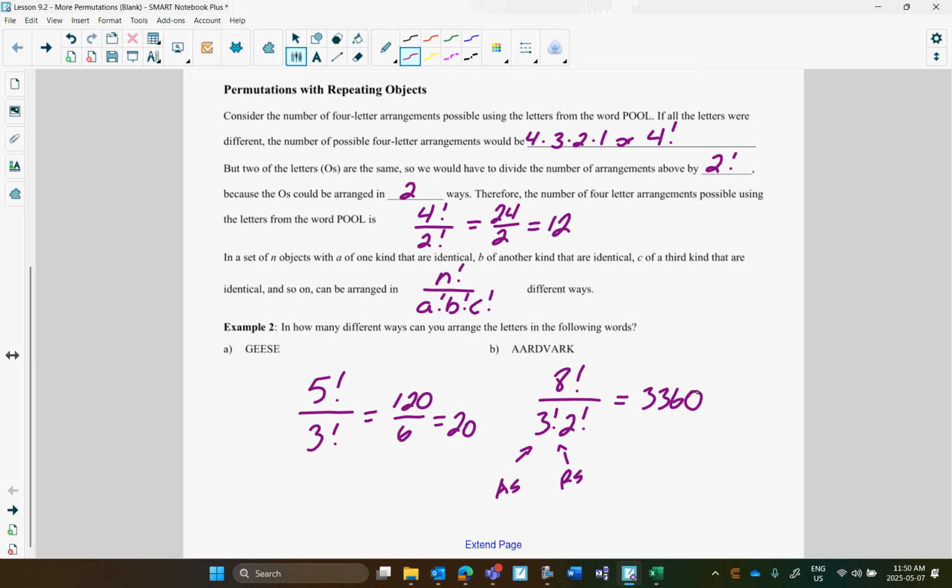You should have a factorial function on your calculator. On the graphing calculator, you actually have to go to math to find it. So if you have your graphing calculator on and you hit math, this is part of probability.